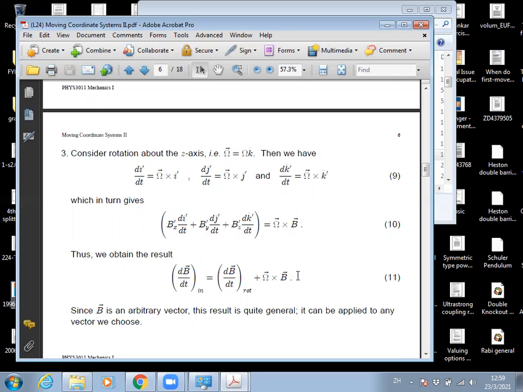Omega vector cross B vector. So if you make the measurement in the rotating frame and you want to report it to the observer in the inertial frame, you have to add this extra term so that you both will have consistent results.